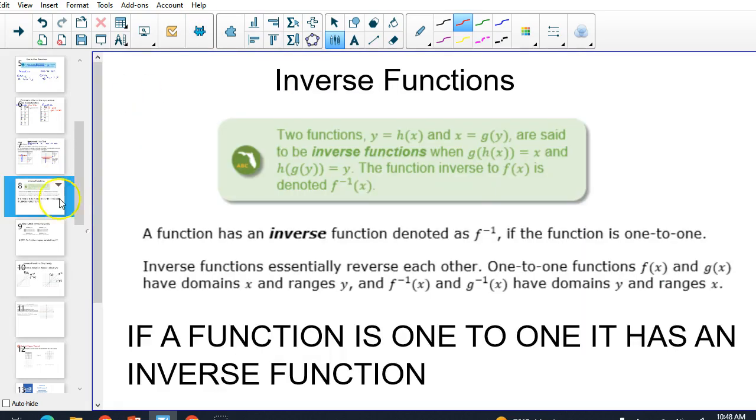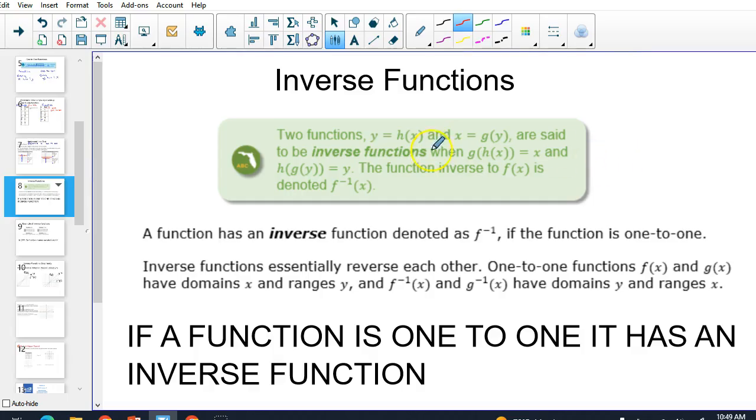All right. Now, let's talk a little bit about inverse functions. So, the reason we're covering one-to-one functions in the first place, because if a function is one-to-one, then it has an inverse. Now, an inverse function is a function that effectively cancels each other out.